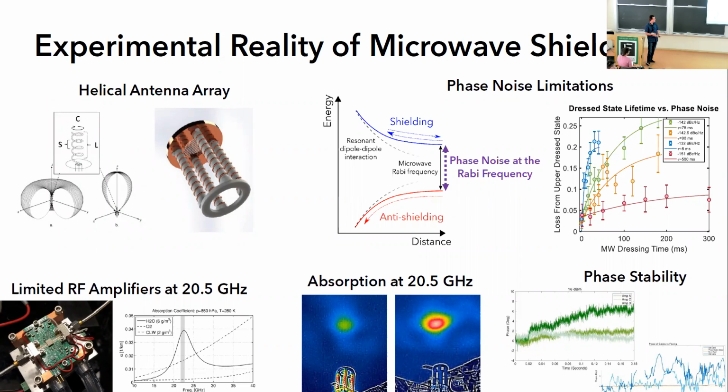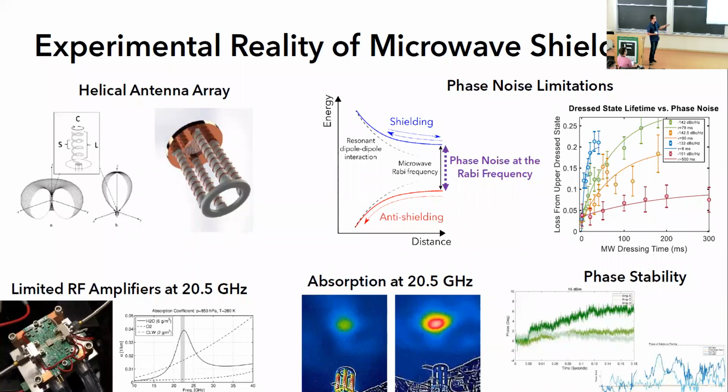You have to worry about phase stability. But we're able to create these circularly polarized microwaves with these helical antenna arrays. But one of the main limitations that was not known before we did this was that all of this shielding tends to be limited by the phase noise of your microwave source, and specifically phase noise at the Rabi frequency that you're at.